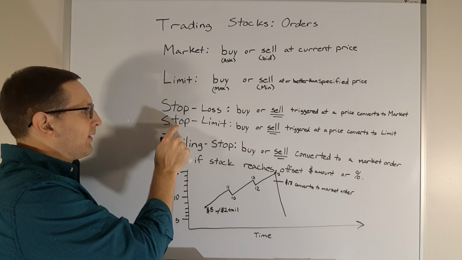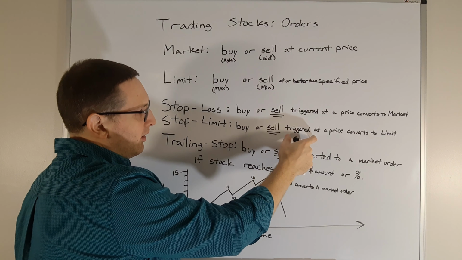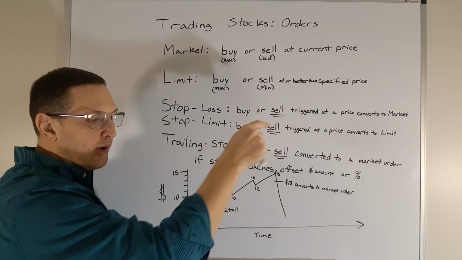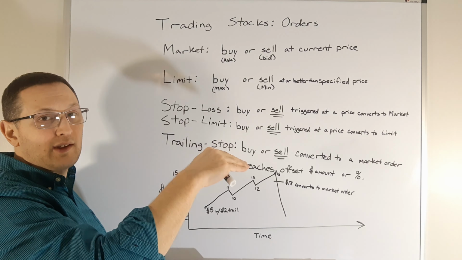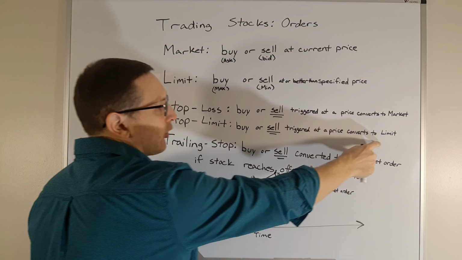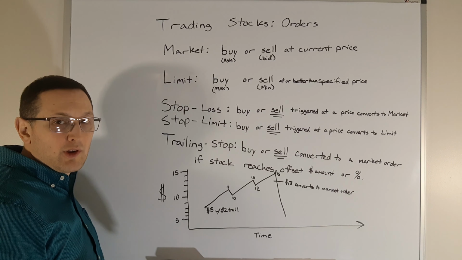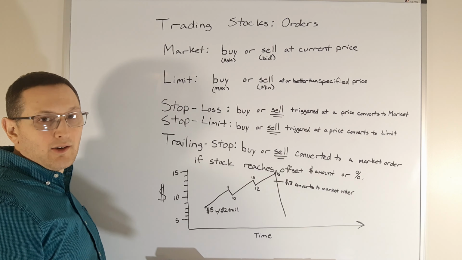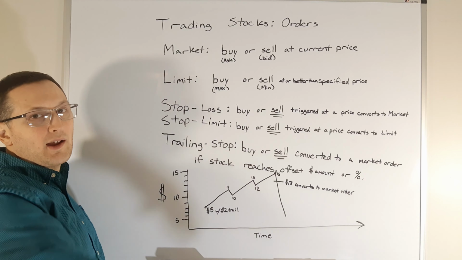On the other hand, if you have a stop limit order, you're going to generally sell, and that sell is going to be triggered at whatever that price is. So say you go from 100 down to 95, and you had that trigger price at 95. This now converts over to a limit order. Say you want to sell it at 95, but you want to make sure you get at least $90. So it would convert to that limit, and it would have to sell at greater than $90.